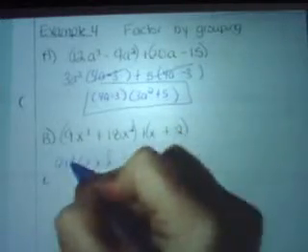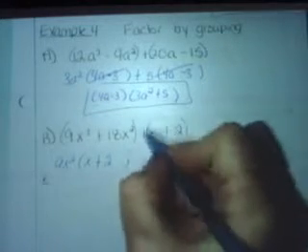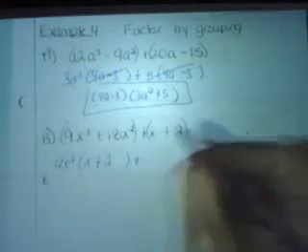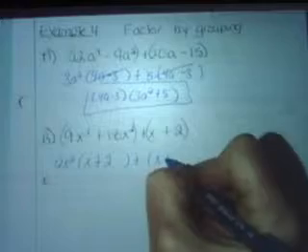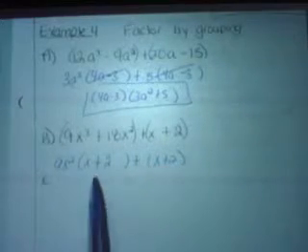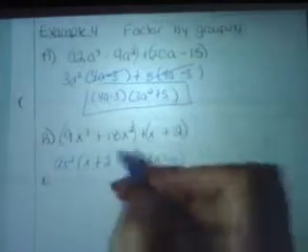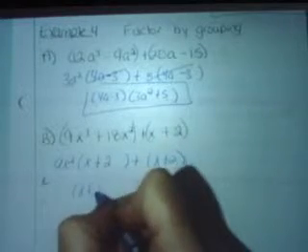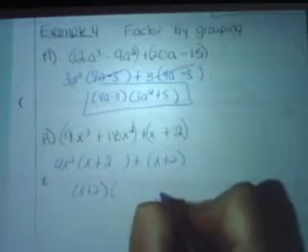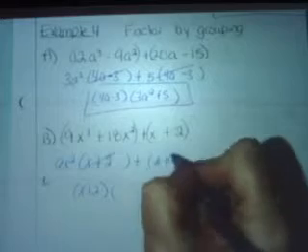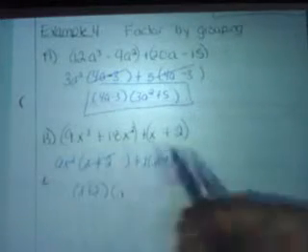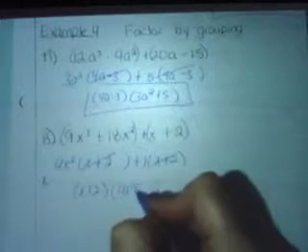We already factored out the x squared. Moving on, I'm going to drop down my plus. I have a common binomial, so I'm going to factor it out. Everything else goes inside parentheses. So I have 9x squared plus 1.